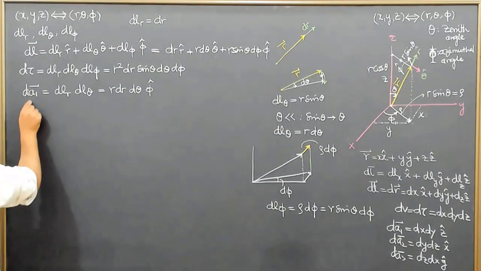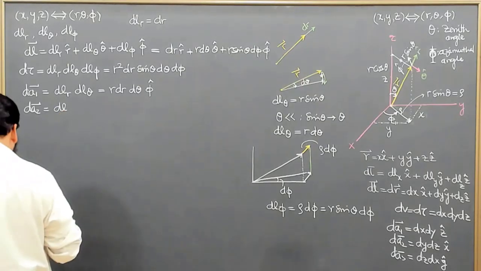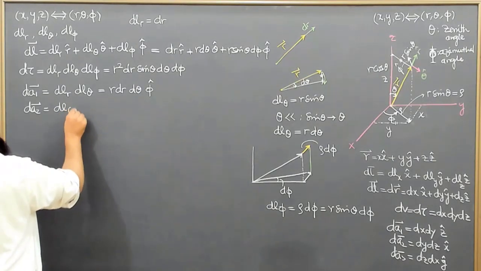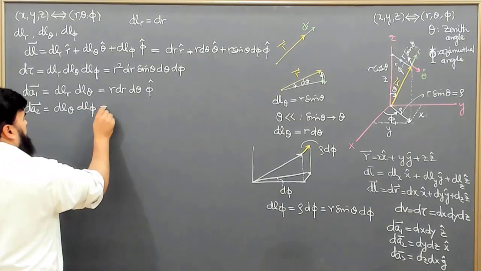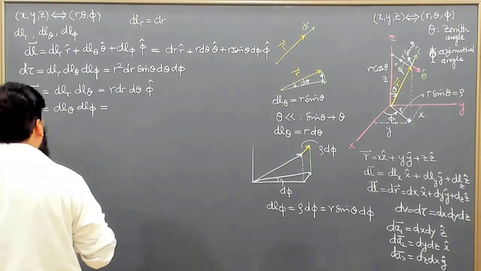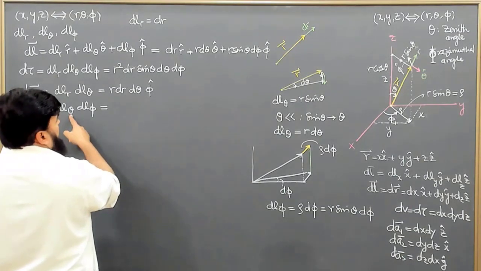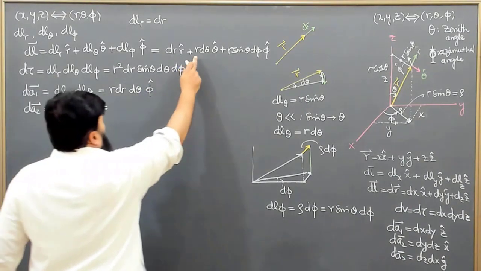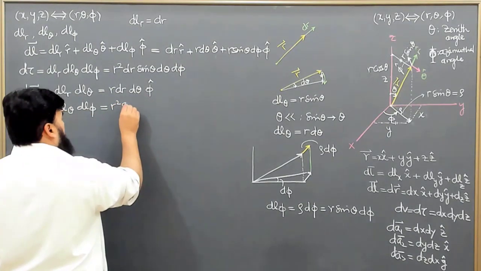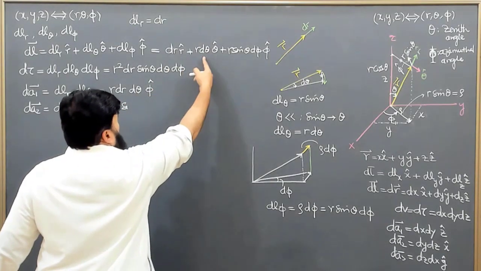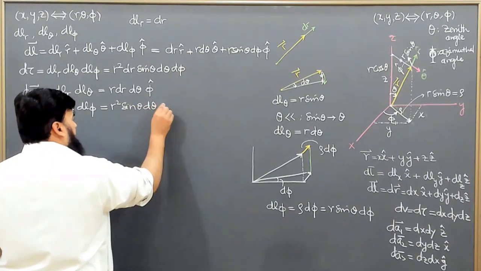Similarly, dA2 will be theta and phi: dl_theta, r d theta, and dl_phi, r sine theta d phi. Multiplied together they make r square sine theta d theta d phi, with no dr.